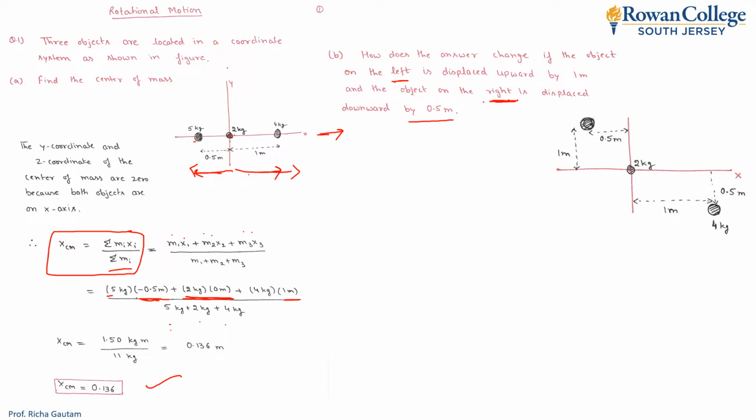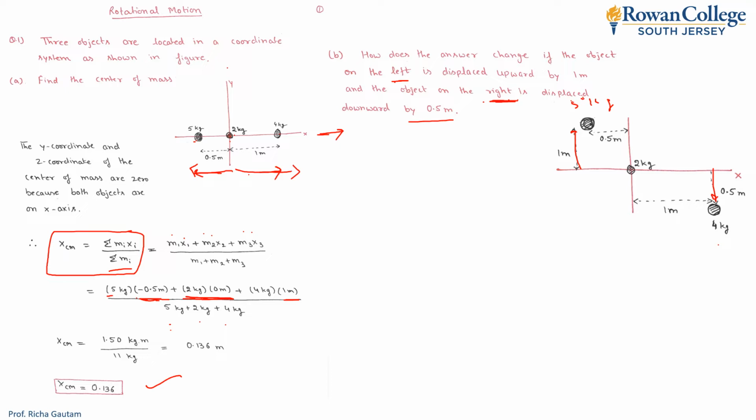So our new diagram will be like this: the 2 kilograms is at the same position, and the 5 kilograms is now 1 meter above this axis, and this 4 kilogram is 0.5 meter downward from the axis.